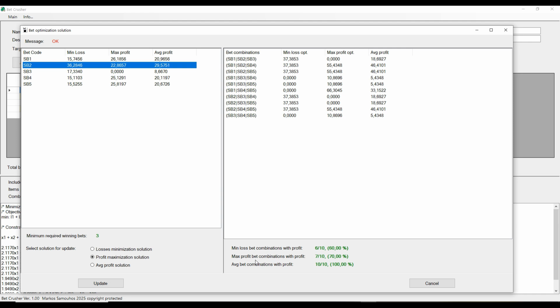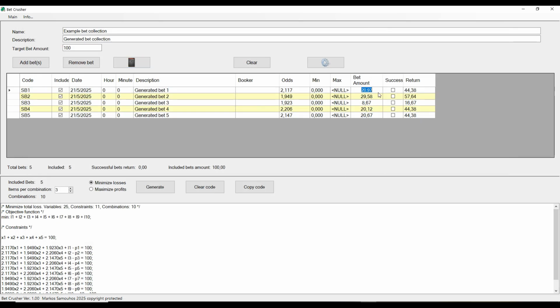If we apply the second solution, we profit in 7 out of 10 combinations. But if we apply the average solution, then we can have profit in all combinations, no matter which of those combinations wins. And of course, the minimum required number of winning bets is 3. Let's apply the average solution.